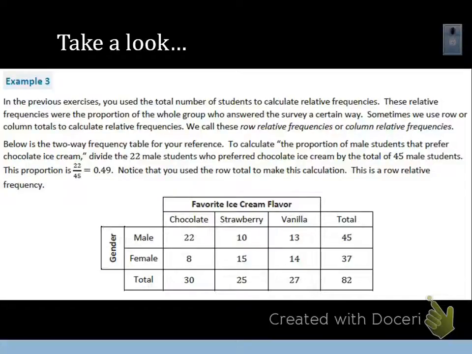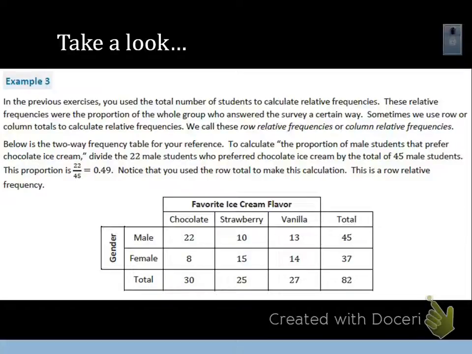These relative frequencies were the proportion of the whole group who answered the survey a certain way. Sometimes we use row or column totals to calculate relative frequencies. We call these row relative frequencies or column relative frequencies. Below is the two-way frequency table for your reference. This is the one that we just did earlier, so you don't have to keep flipping back and forth.